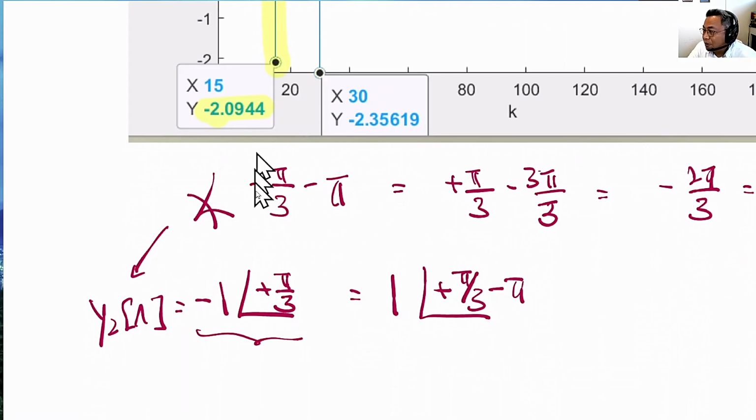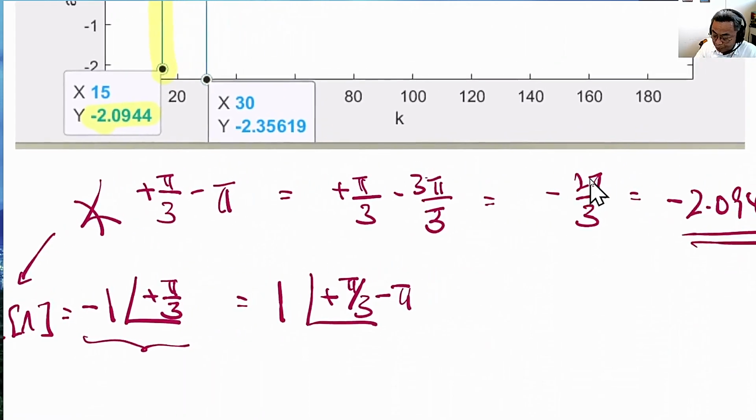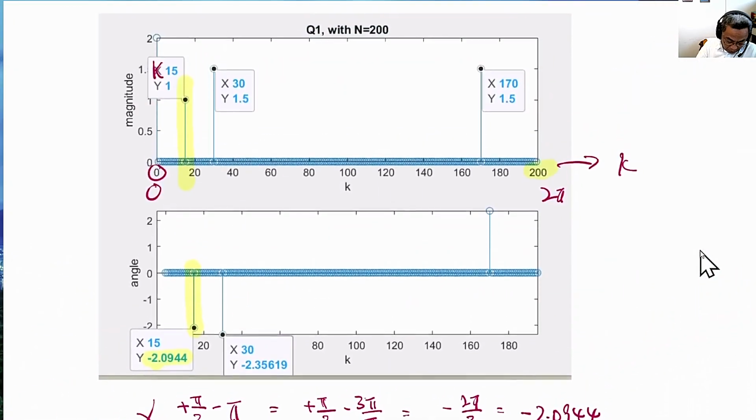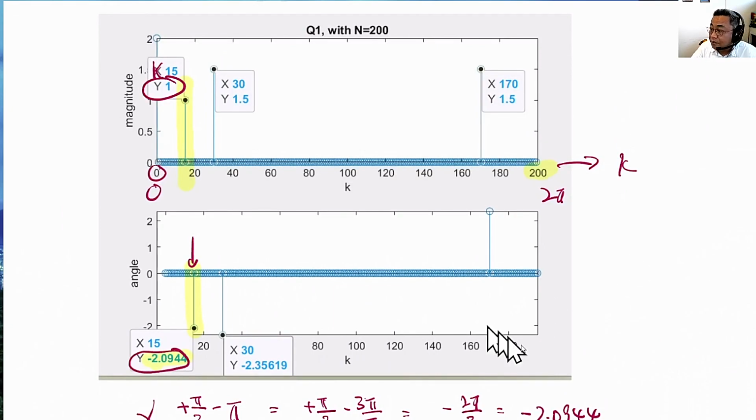Pi over 3 minus pi is pi over 3 minus 3 pi over 3, which is minus 2 pi over 3, which is minus 2.0944. So here it shows that the magnitude is 1 and the phase is minus 2.0944 at C15. This is the magnitude and this is the phase for y2 of n.